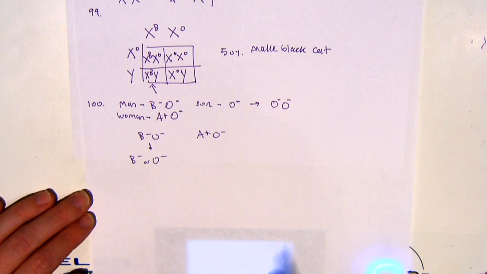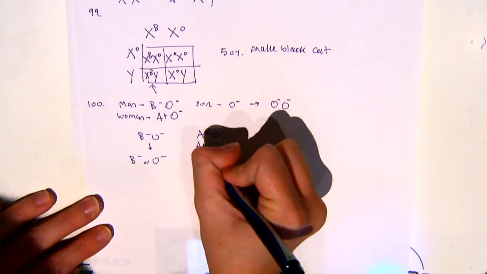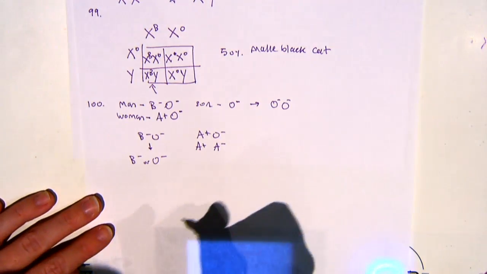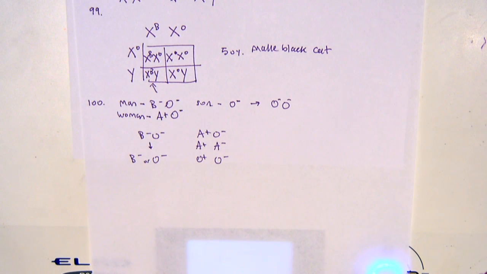And we're doing this like we would do any other dihybrid cross. We could do it by FOILing. The woman could make A plus, A minus, O plus, or O minus, because she's heterozygous for both. And if we wanted to verify that using the 2 to the n rule, we see that she has 2 heterozygous traits. 2 to the 2 is 4, so that gave us our 4 combinations.